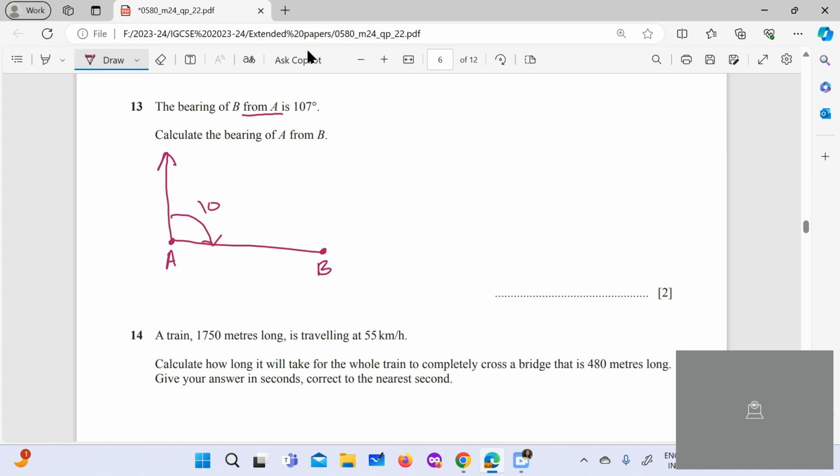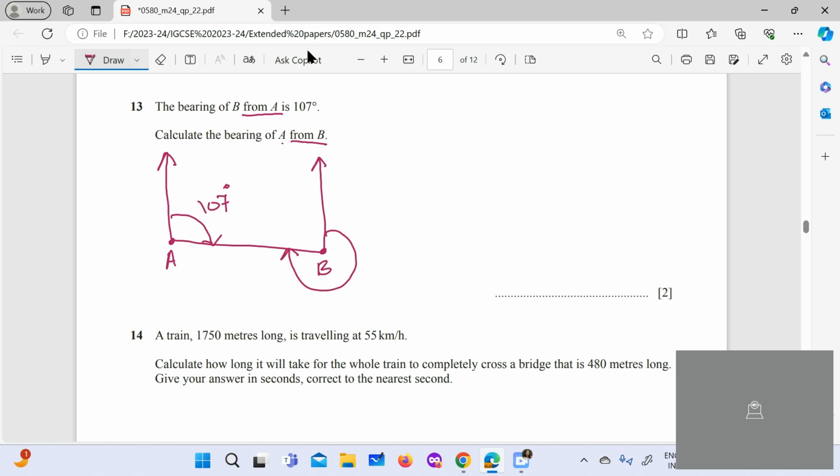So this is 107. Now your question is calculate the bearing of A from B. Because it is asking bearing of A from B, so we will draw the north of B, and your bearing of A from B is this measurement. So we have to find this measurement.